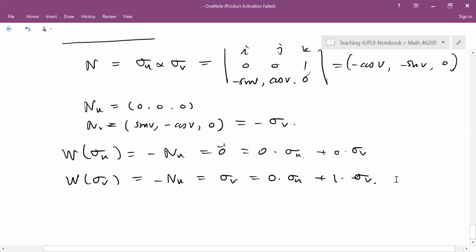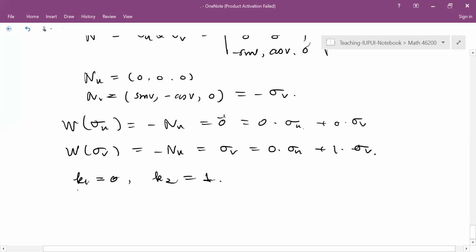So our matrix, and you will see that K1 from here equals 0, and K2 equals 1.